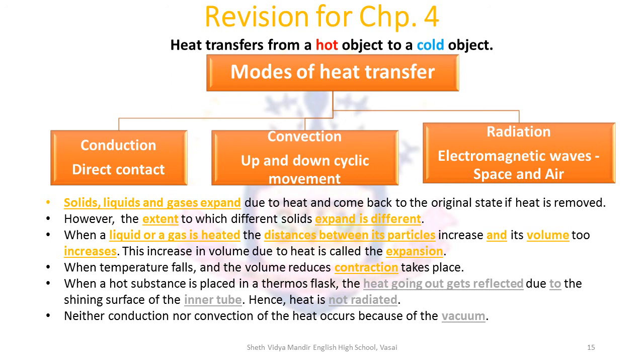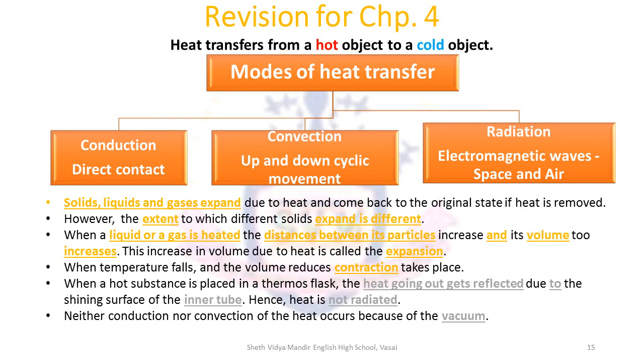Convection example you can observe in hot air balloons, air conditioners, refrigerators, radiators, etc., wherein the hot air rises up and the cool air settles down, or the hot water rises up and the cool water, being denser, settles down.